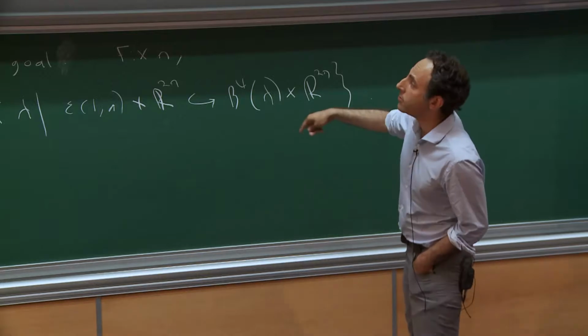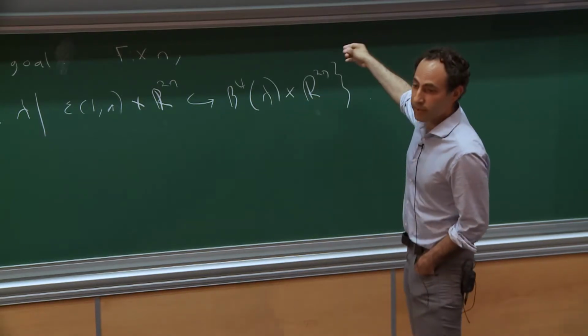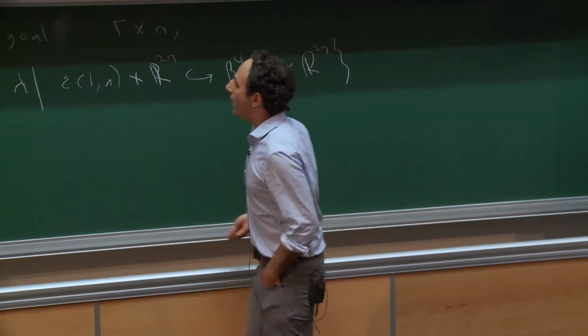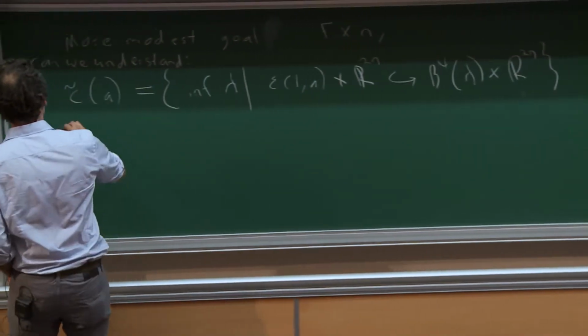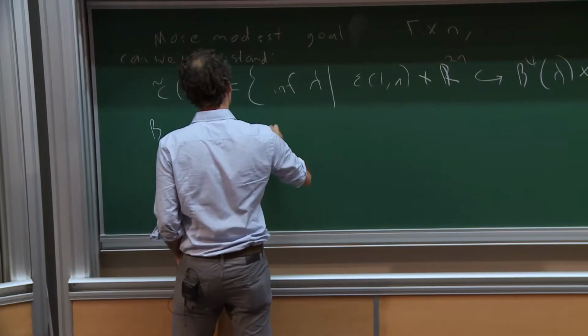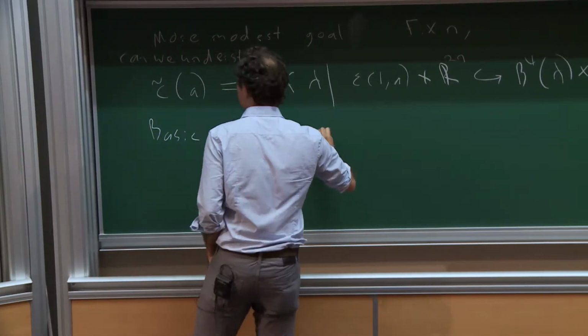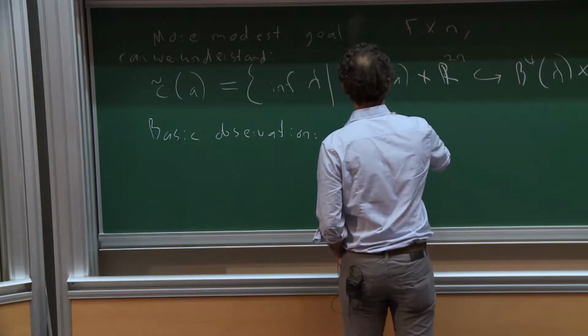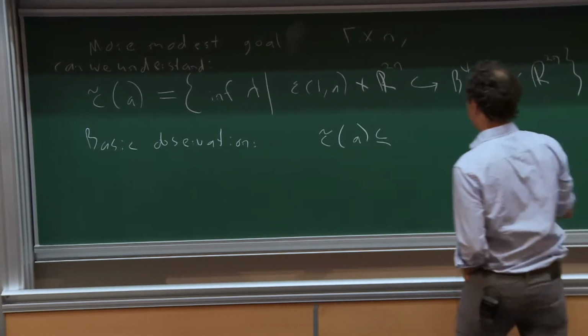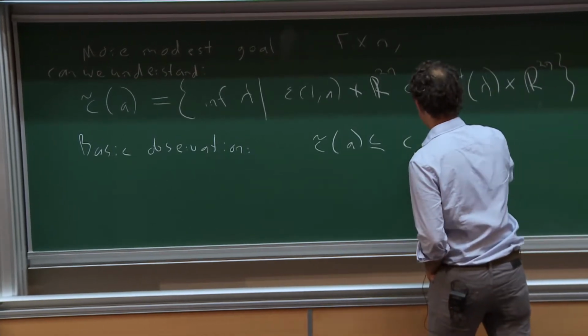So this is a question about extremely stretched ellipsoids. Now, a basic observation is that this function c-twiddle is always less than or equal to the function studied by McDuff and Schlenk.